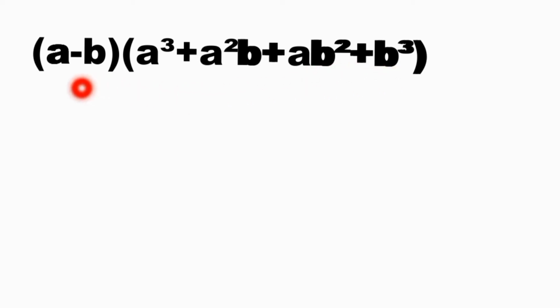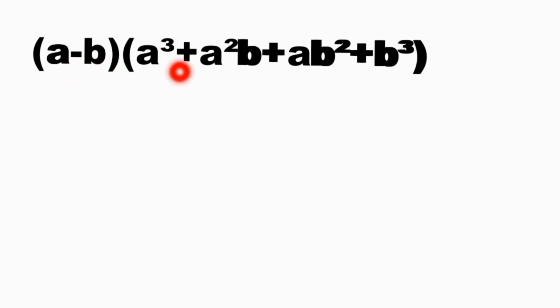So we have here A, just like the difference of two odd powers. We have A and the sign between A and B, the binomial factor, is minus.